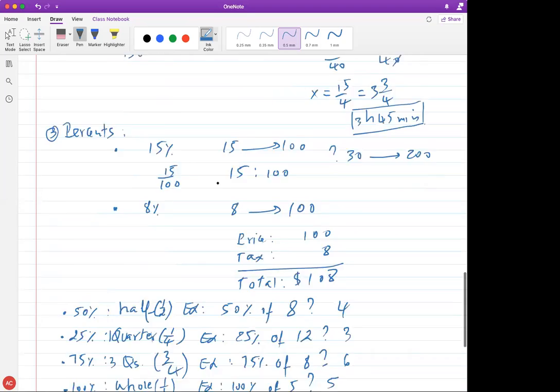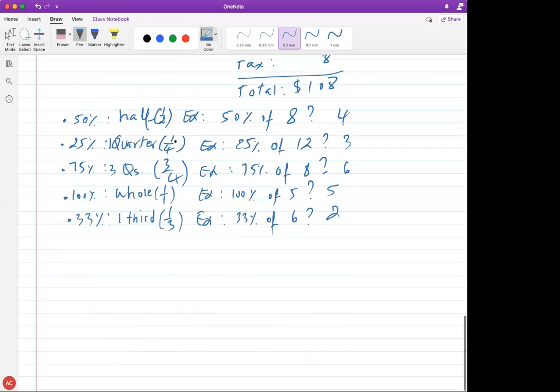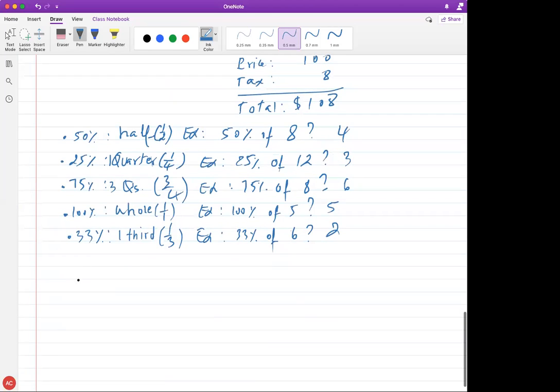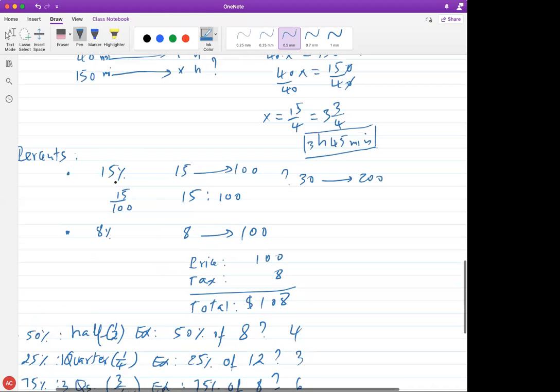Okay, now again, these can be done most of the time without calculators or equations, but now let's see how to find precise percents when they're not one of these. So the formula for percent is this. A percent we can write as a fraction, as we said before. 15%, for example, is 15 over 100.